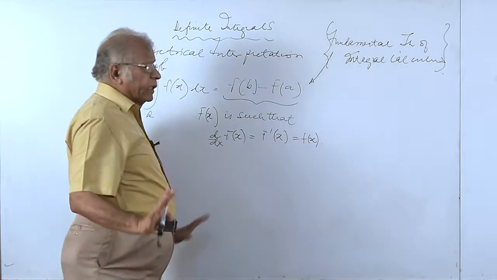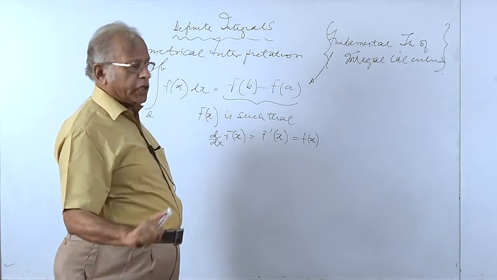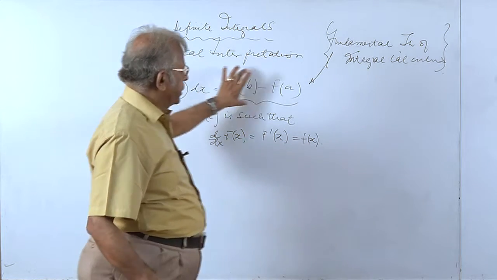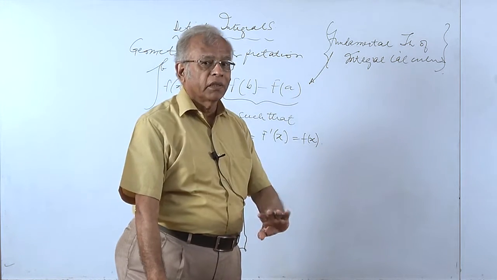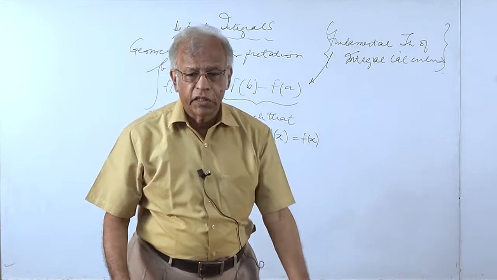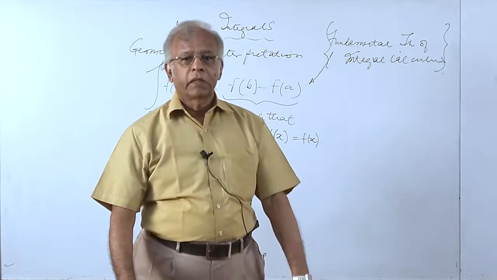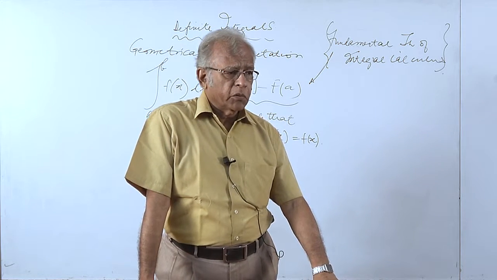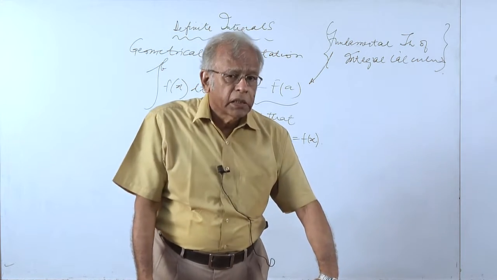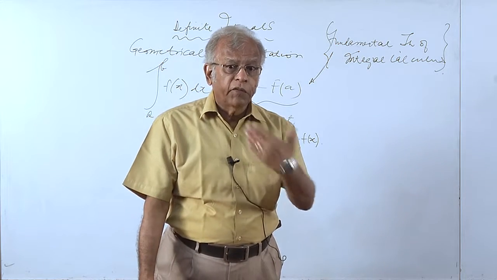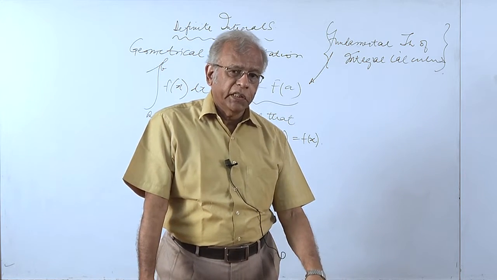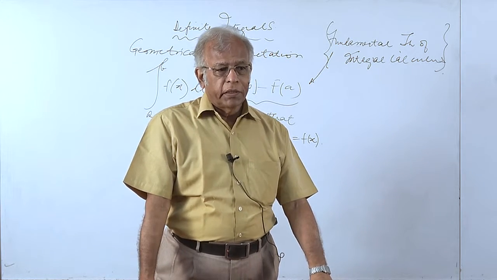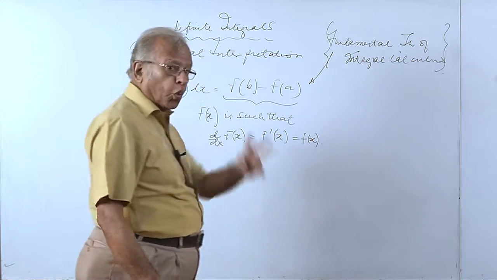But the important thing is to appreciate that this relation is not the definition of a definite integral from a to b of f(x) dx. That is very, very important, because I have seen in my classes, whenever I walk into a class and ask students how we can define the definite integral, the answers are inevitably two.